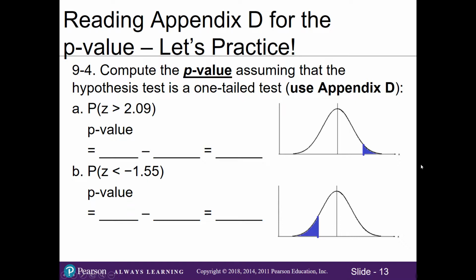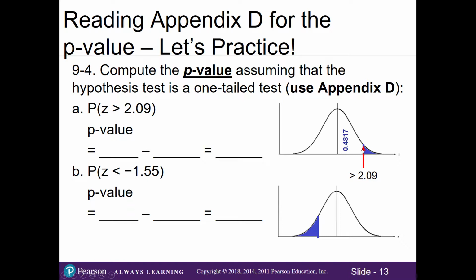That's how they're related. So going to our Appendix D, we first look for the 2.09, where the 2.0 is on the left side of the appendix, and the 0.09 is in the column. So when we read our Appendix D, 2.09 shows 0.4817, because recall, Appendix D tells us the area from the middle out to our z-value.